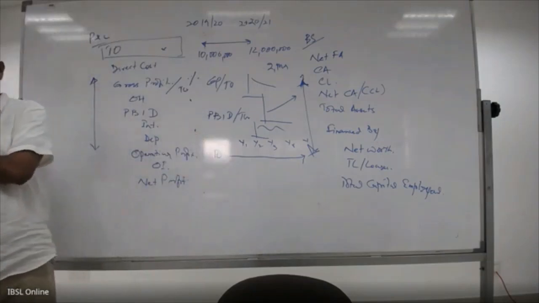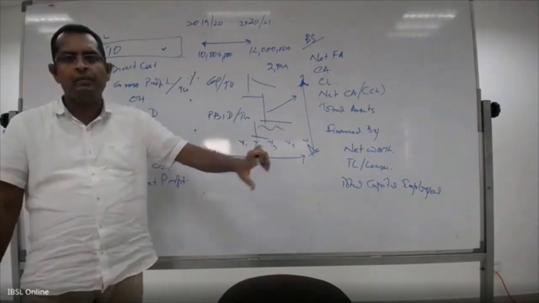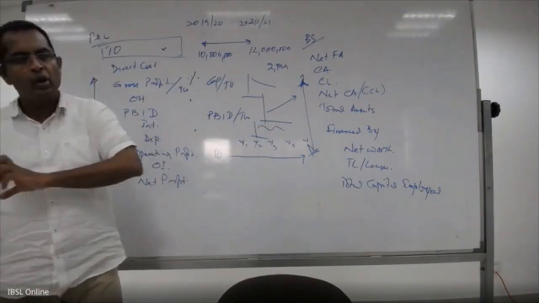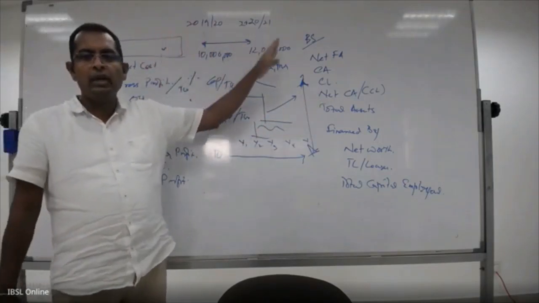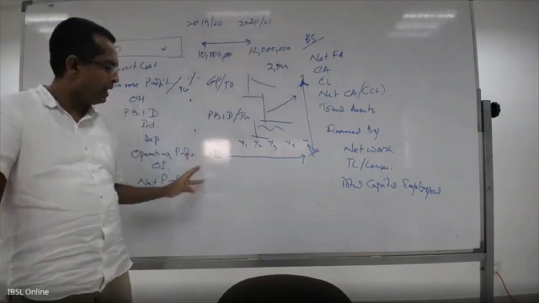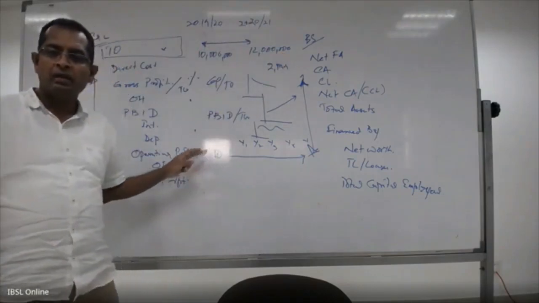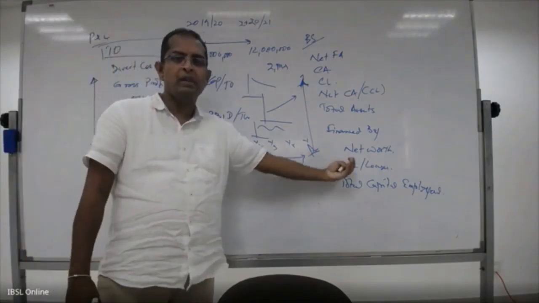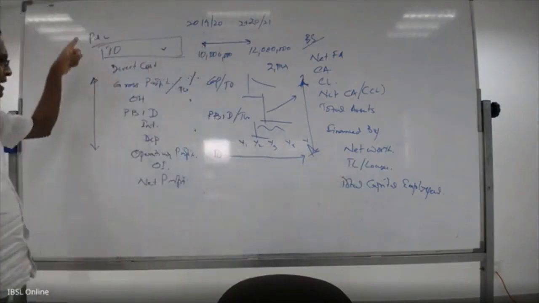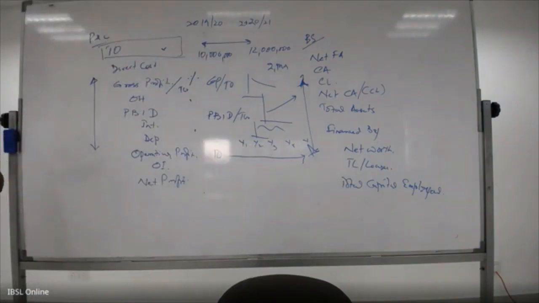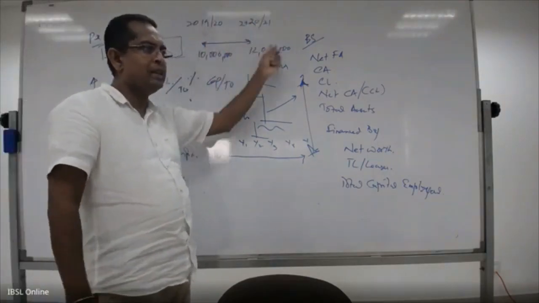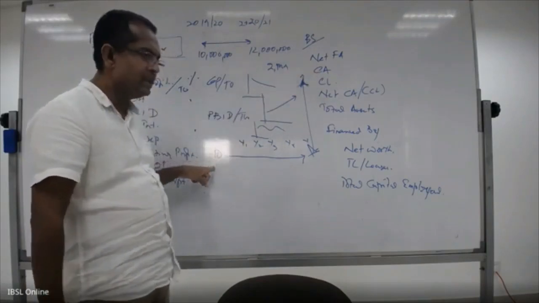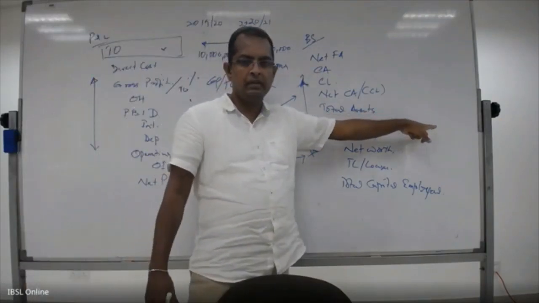We are analyzing a single P&L item or balance sheet item for a longer period of time. Horizontal analysis is only two periods, but trend percentage, we analyze for a longer period of time. Vertical analysis is for a single period. Right? These are for two periods, one single item. This is one single item, large number of periods.